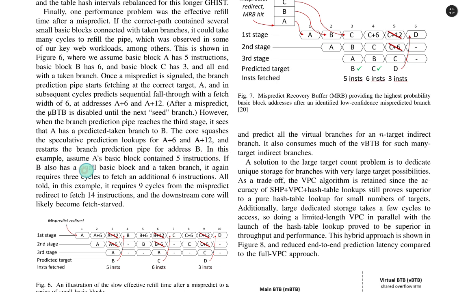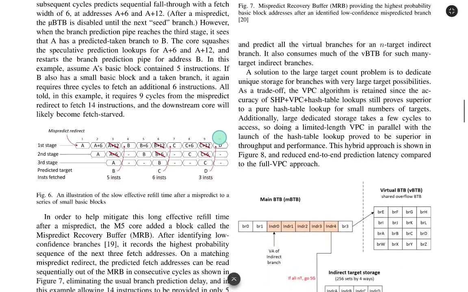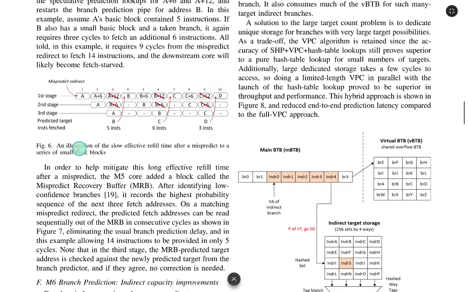If B is a small basic block ending in a taken branch, it again requires 3 cycles to fetch an additional 6 instructions. All told, in this example, it requires 9 cycles from the mispredicted redirect to fetch 14 instructions, and the downstream core will likely become fetch starved.